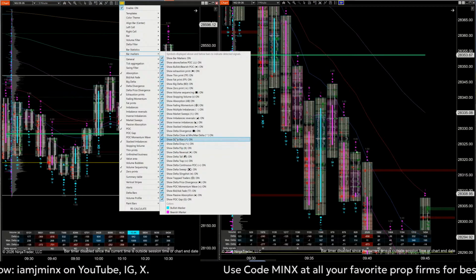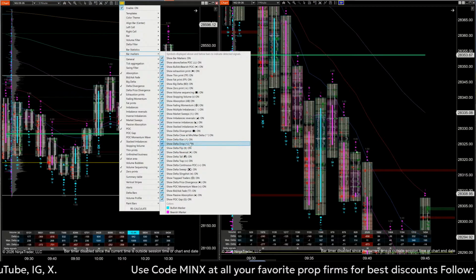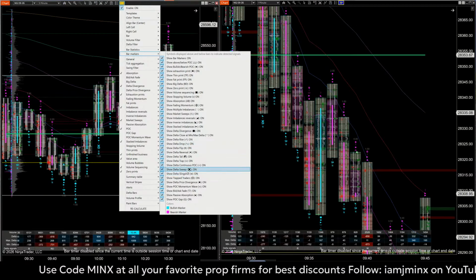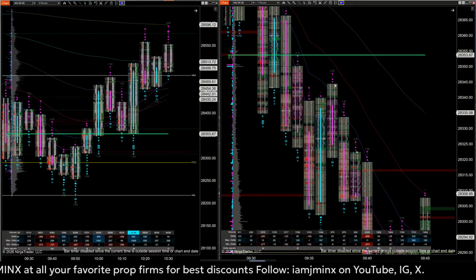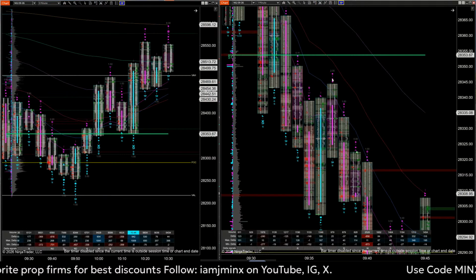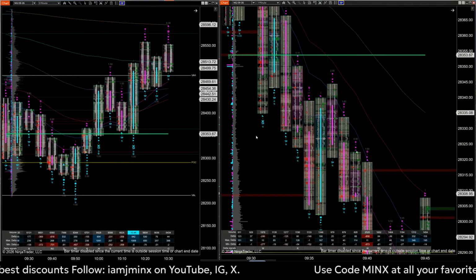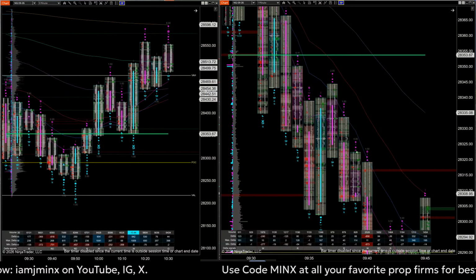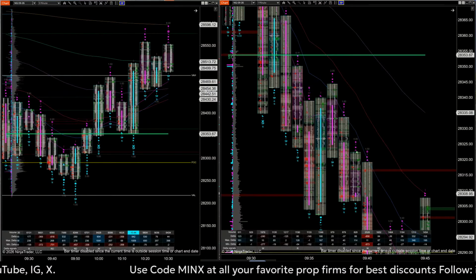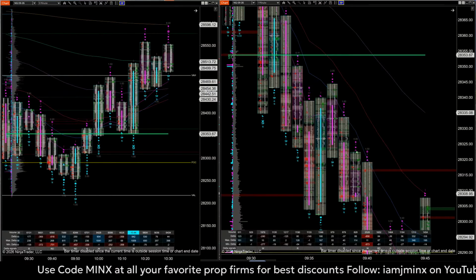So for example, delta rise, or delta drop, delta sweep, you're going to see some bar markers that are at almost every candle. That's just noise. You don't need to know all of that.